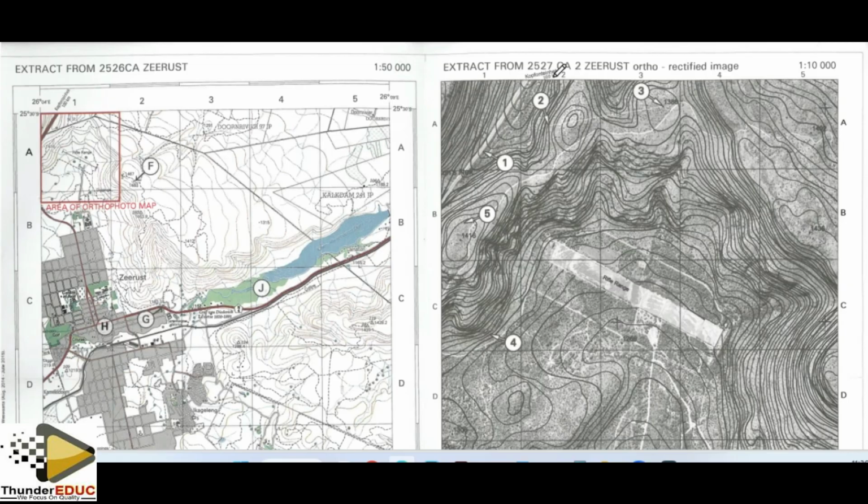Okay, so from 1 to Clipfontein is here, but Clipfontein is not exactly located here. Clipfontein is 100 kilometers to reach it. So that means we need to measure from here to here. The answer we get, we convert it to kilometers so that we can add on to this one.